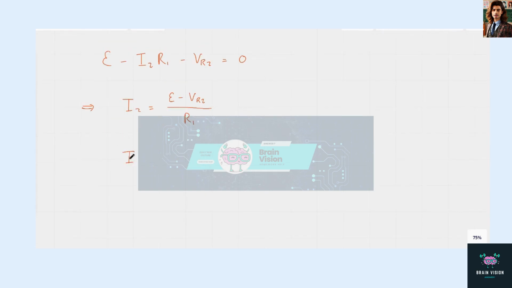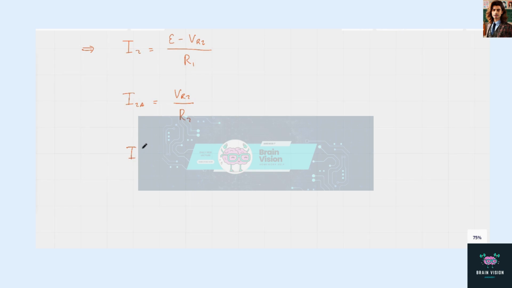And similarly, we can find I2A, as we did above, to be VR2 over the resistance R2. The current across the voltmeter I2V is equal to V2V divided by the internal resistance of the voltmeter RV.